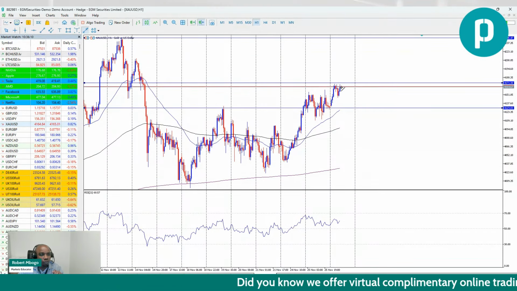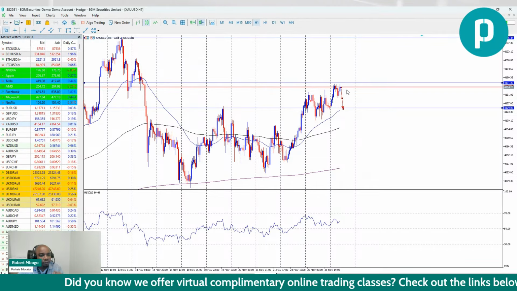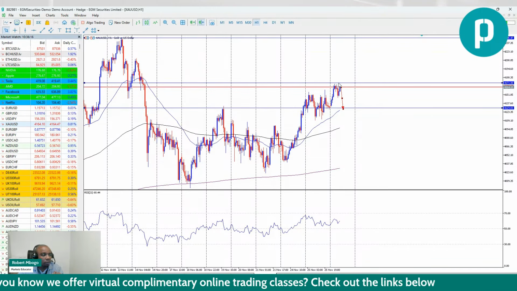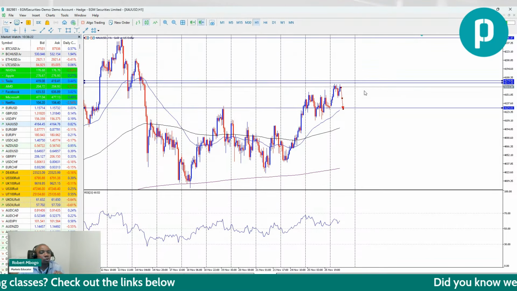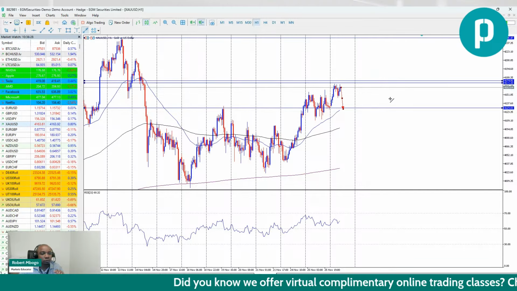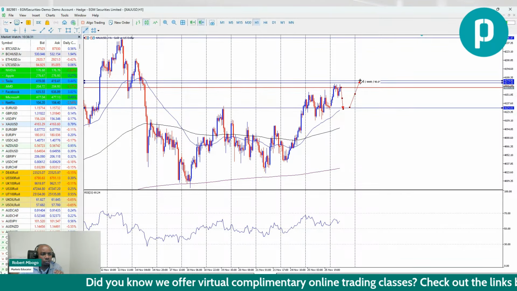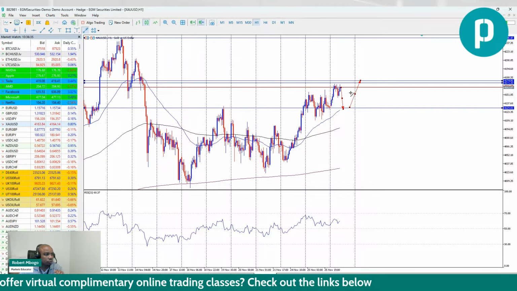So if gold was to come here, maybe it will first hit this order block. I can see also something on H1 here. There's an order block here too. So if gold was to first test here, we'll want to see a bearish move and then a bullish move and a further bullish move.